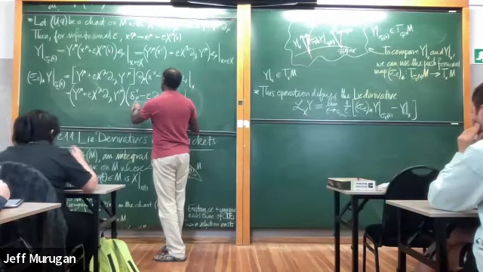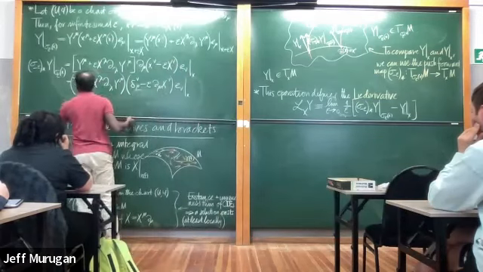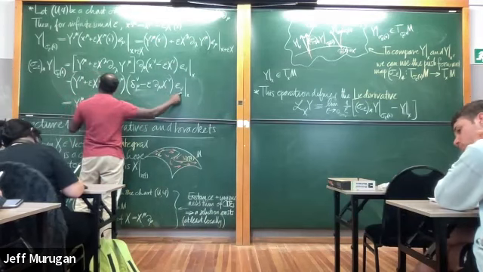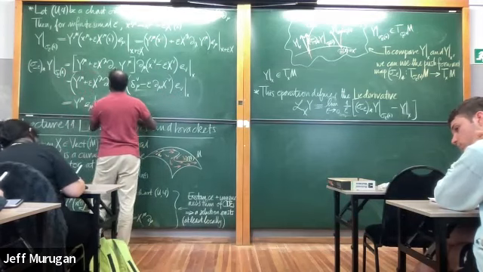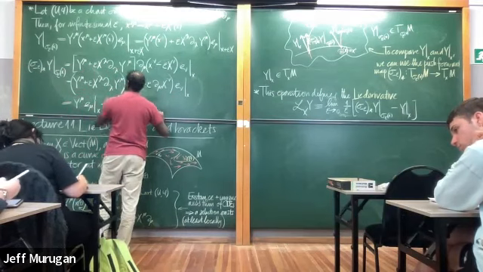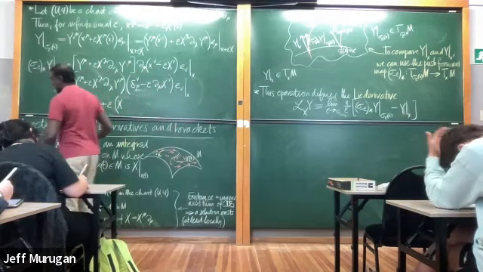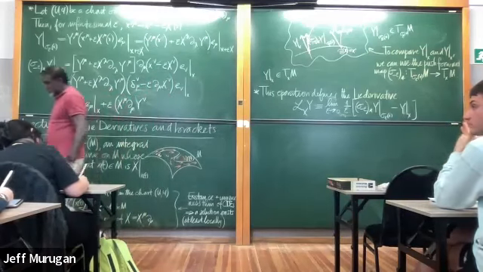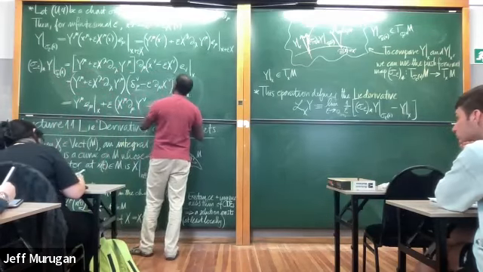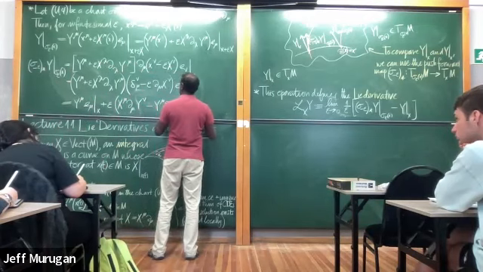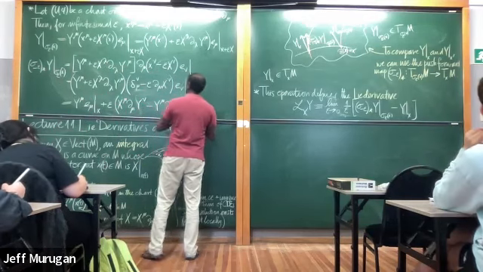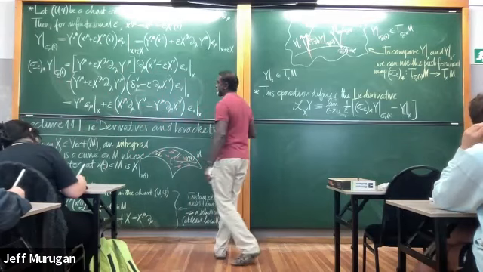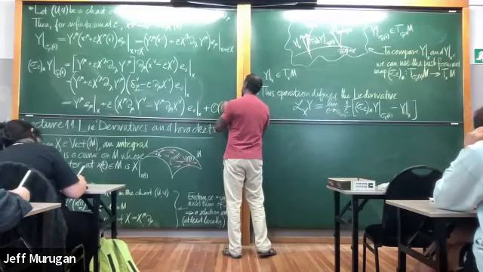So this just gives me y^mu e_mu at x plus, at first order in epsilon, I get x^nu d_nu of y^mu minus y^nu d_nu x^mu, e_mu at x, plus terms of order epsilon squared that I'm going to throw away.